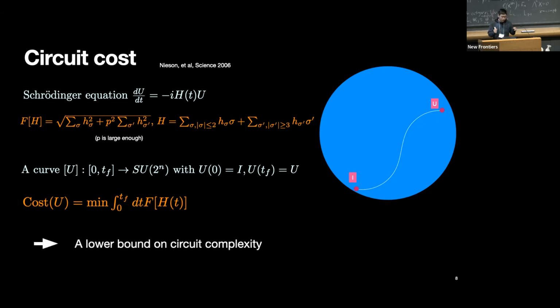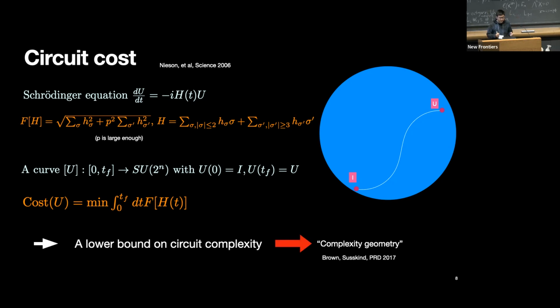And they also show that this new complexity measure, circuit cost, provides a lower bound on the circuit complexity. And the concept of circuit cost in recent years has been generalized to some more fancy concept called complexity geometry by Brown and Susskind.